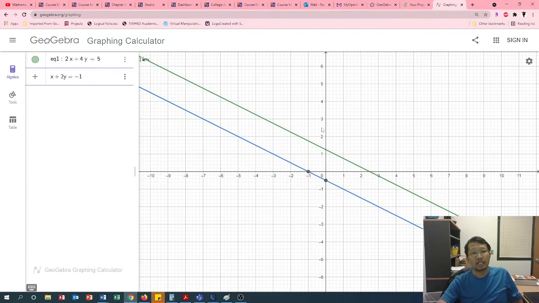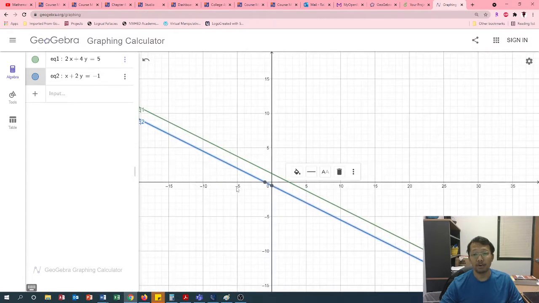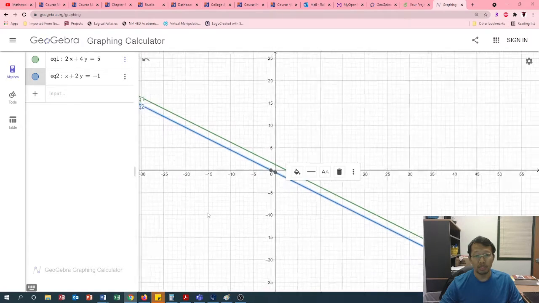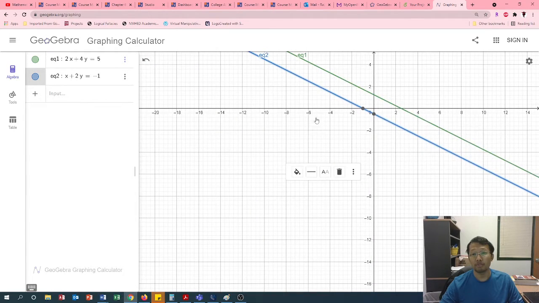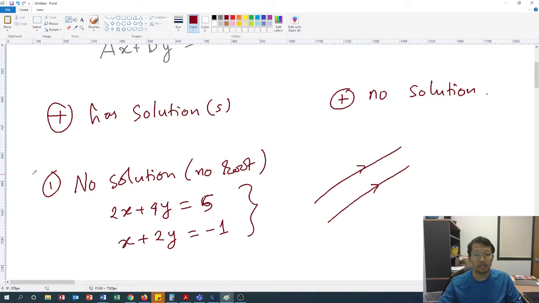Now you can see that these two equations, the green line and blue line, represent the system of linear equations that I was talking about. If you want to find the intersection between these two, there is no intersection, no matter how far you zoom out or zoom in. There is no intersection point for these two, since they are parallel lines, right? They have equal slopes and go in the same direction. So that's it for this kind of equation. That was the first type.